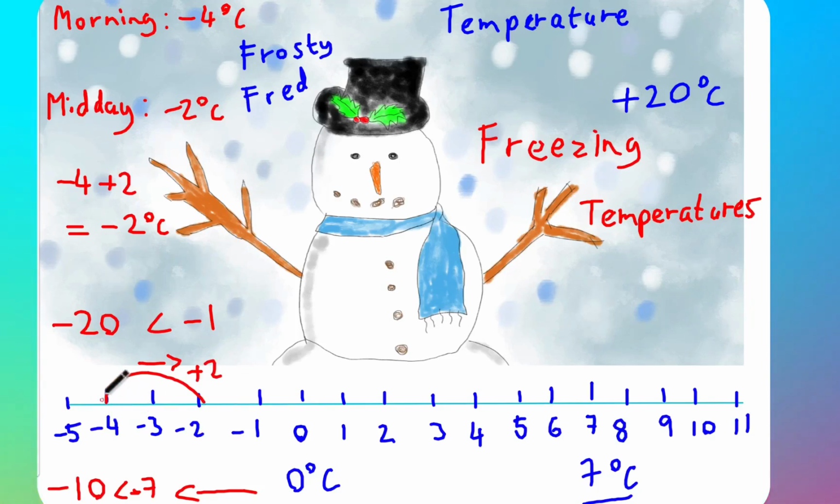Even though we are moving backwards when we add a number, we are actually getting warmer and closer to our positive numbers. Temperature is usually in the positive numbers from 0 onwards. However, when it's freezing, our temperatures can go below 0, and when it gets warmer, like for example -4 getting warmer to -2, it actually goes backwards.